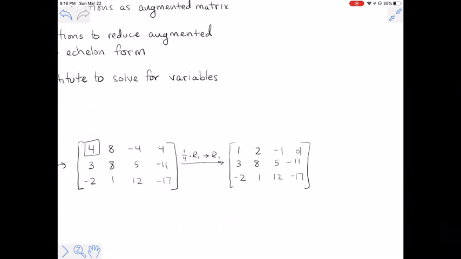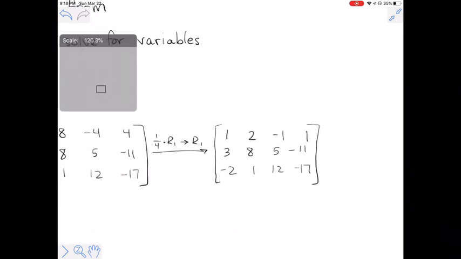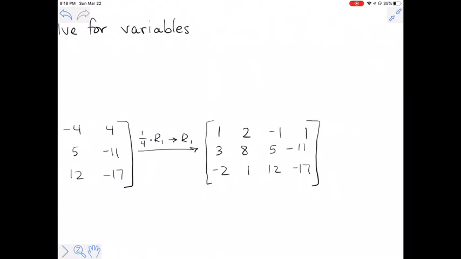And the best way to do that is, now that we've gotten this entry to be a 1, I'm going to focus now on this entry right here that's supposed to be a 0. The only number you can add to 3 to make it 0 is -3. So luckily I've got a 1 right here.